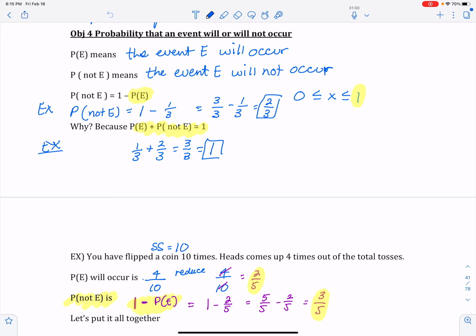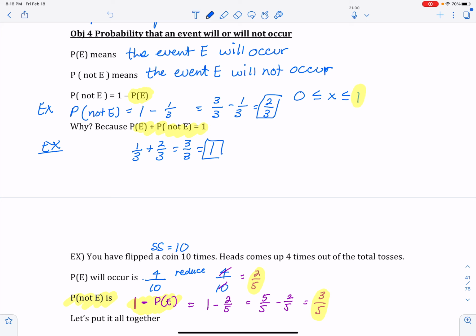For instance, let's say the probability of the event occurring was 1/3. I have to find a common denominator, so 1 turns into 3 over 3, minus 1/3, which equals 2/3. So once again, to find the probability of an event not occurring, you take 1 minus the probability that the event will occur.